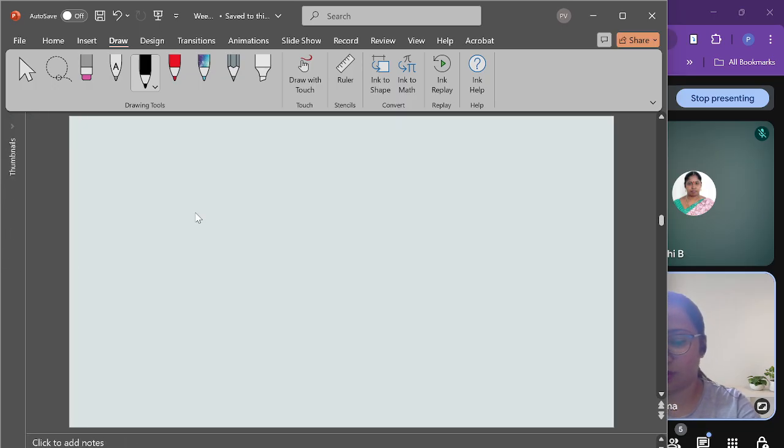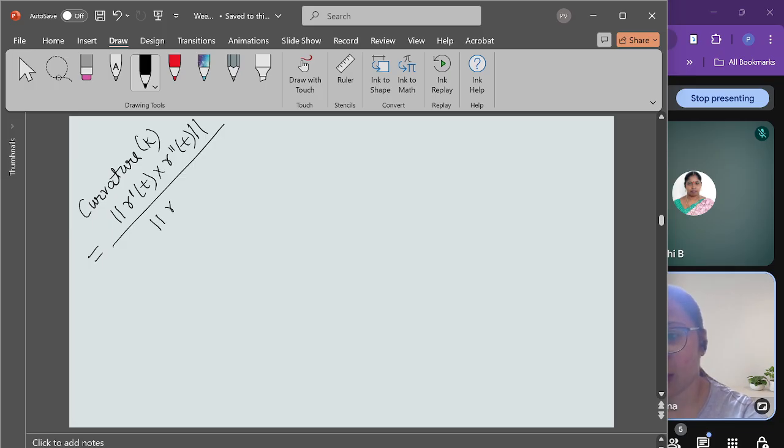Okay, so the curvature is represented by: the first derivative r dash t, cross product with the second derivative with respect to t, and in the denominator we will get the magnitude of r dash t cubed. Okay, so this is the formula for the curvature.